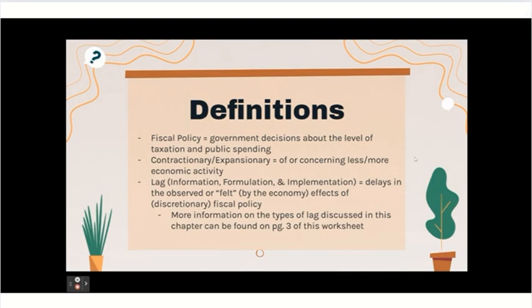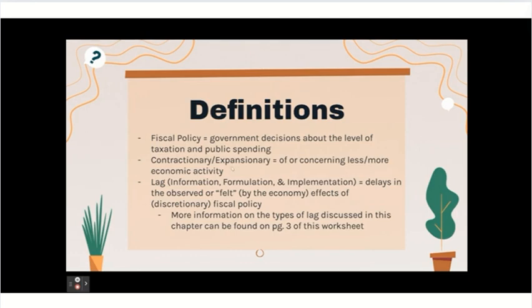Fiscal policy is just the government or government officials enacting some kind of change regarding, I guess, taxation, but the economy in general, not specifically taxation. That's why there's public spending here. There's more that go beyond the scope of this class, but essentially fiscal policy is just the government doing something to enact change in the economy.